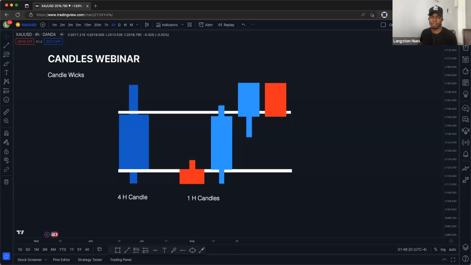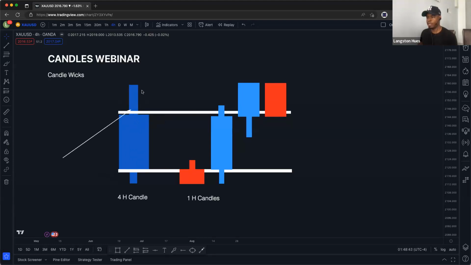Now, why is this even important to note? This is our 4-hour candle here. On the 1 hour, it created this support. On the 1 hour, created this resistance.